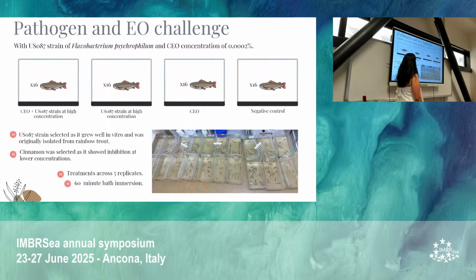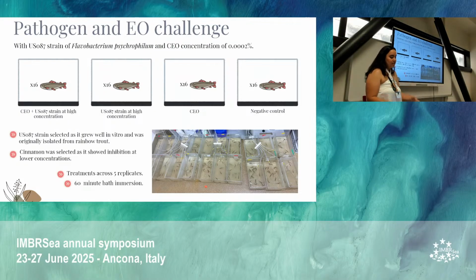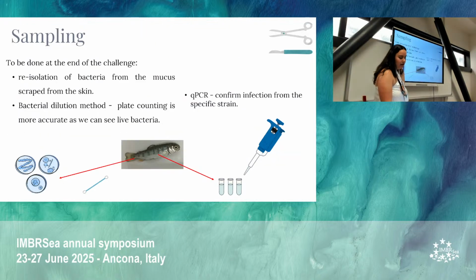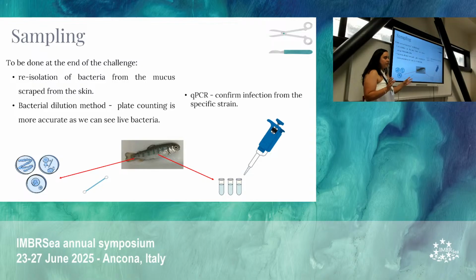I have just the strain, just the oil, and a negative control that received the same amount of manipulation as the other treatments. So they were all in there for 60 minutes, and then they were taken out and put into the recovery tanks. And the plan for this is to sample for 2 different types of data.